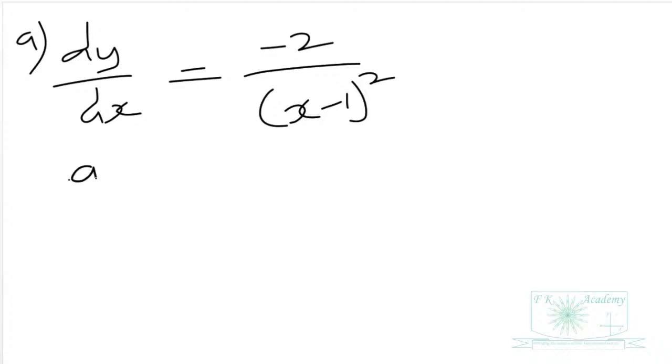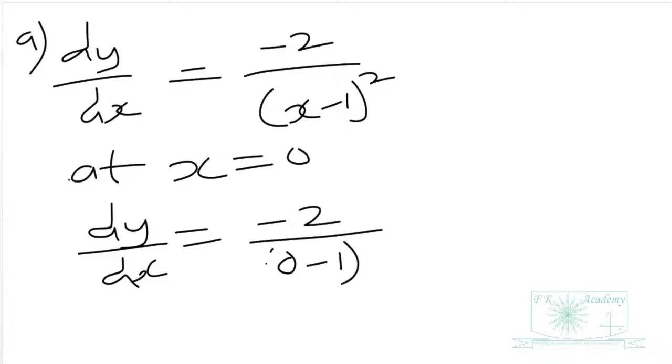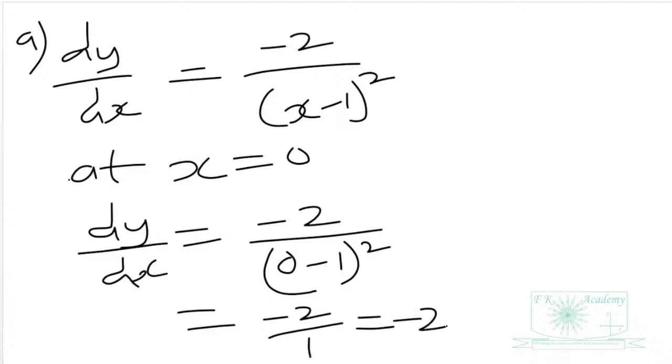So at x equal 0, dy dx will be equal to negative 2 over 0 minus 1 all squared, and that will give us negative 2 over negative 1 squared, which is 1, and that will give us negative 2.